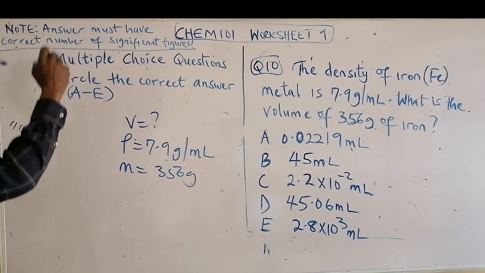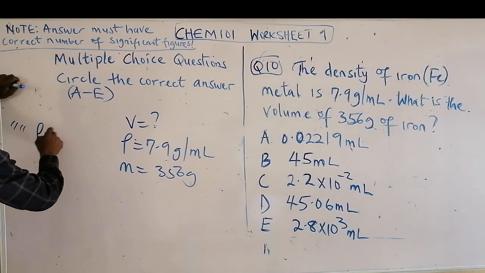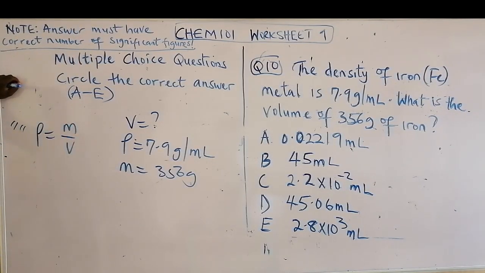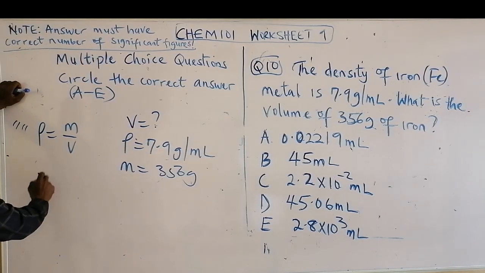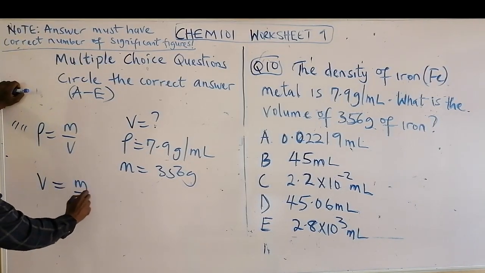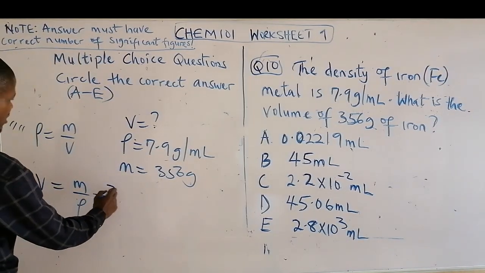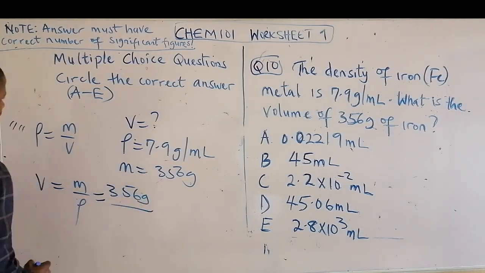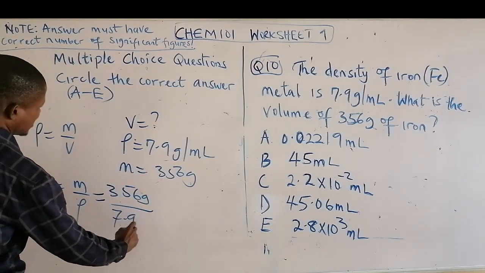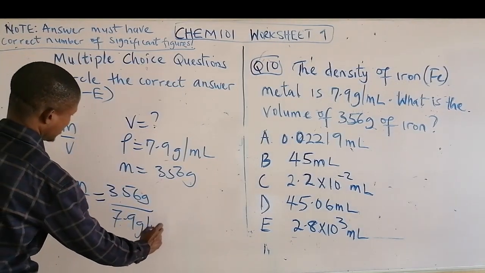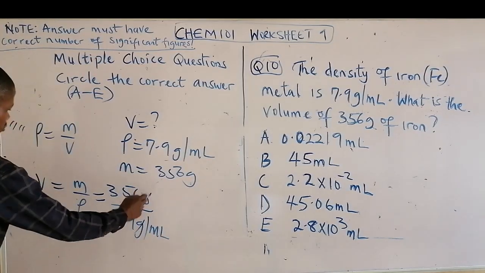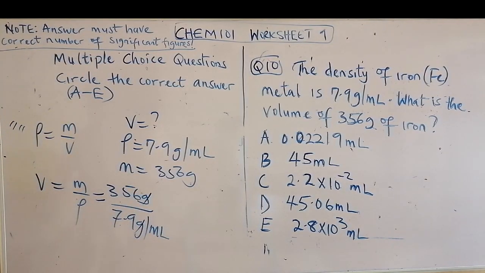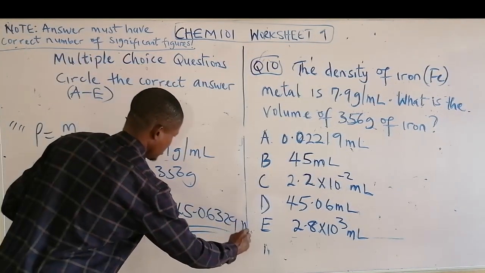So we can write the formula of density as mass over volume, and make volume the subject. So the mass is 356 gram and the density is 7.9 gram per milliliter. So gram we cancel. So the answer will be milliliter. If you divide, okay, that's a milliliter.